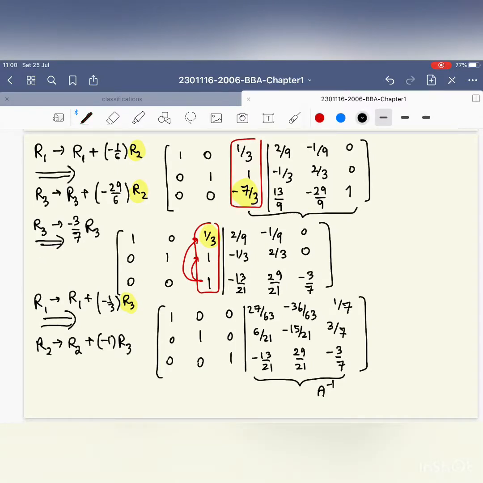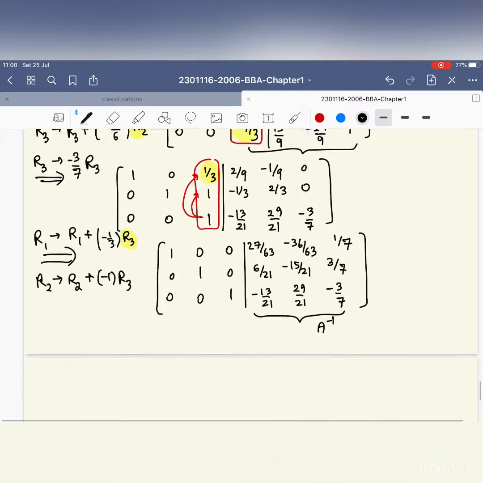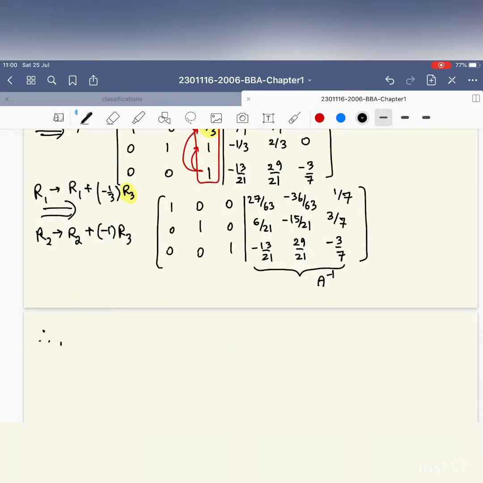Now let us simplify the A inverse a little bit. Your A inverse of this problem, this one you can simplify by 9, right? This is 3 over 7. This one also can be simplified by 9, which is negative 4 over 7. This is 1 over 7.